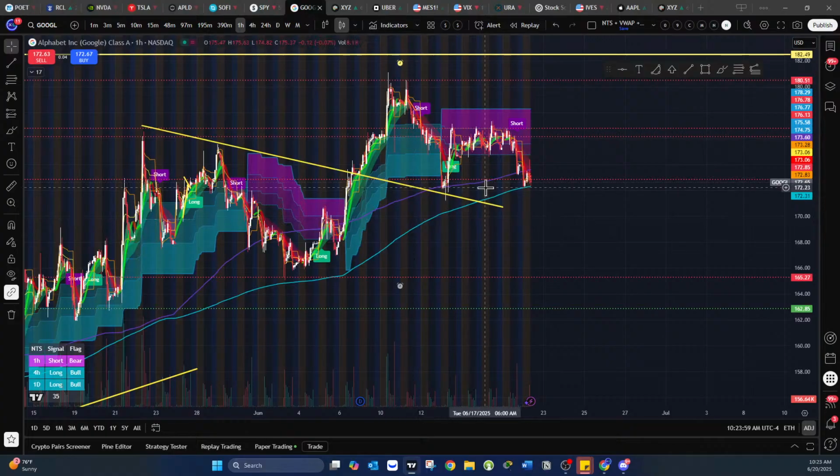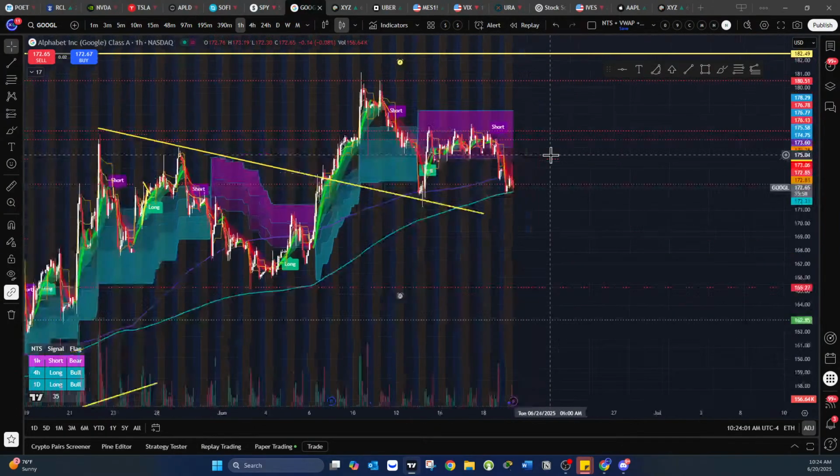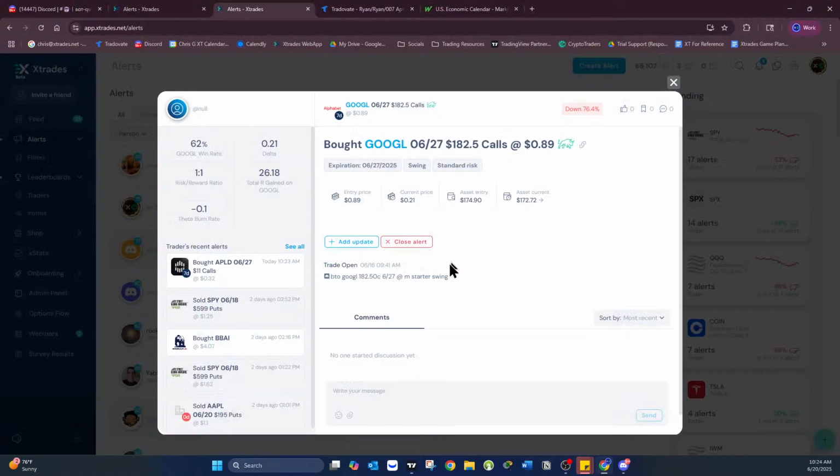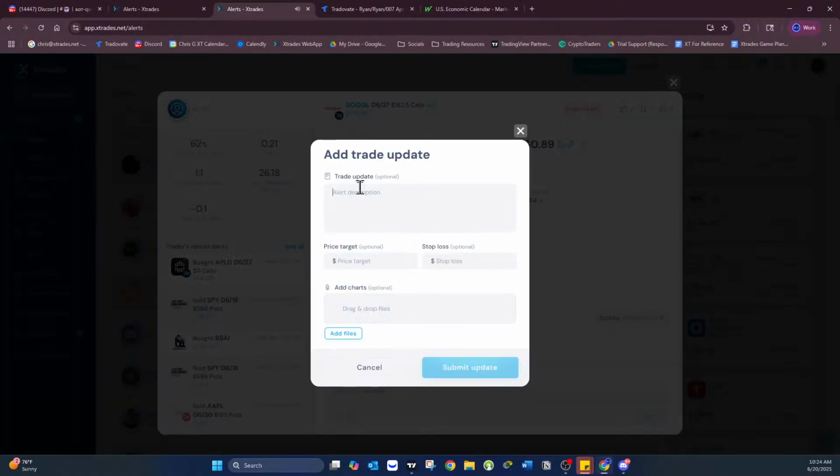Google looks like it could get a bounce here too, but not with this short time frame. Yeah, man, I gotta update this one. Consider a lotto at this point, for this one.